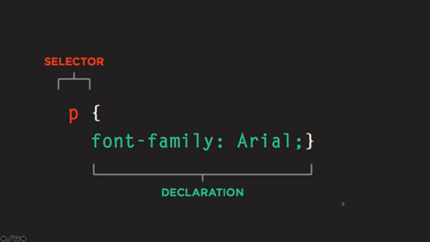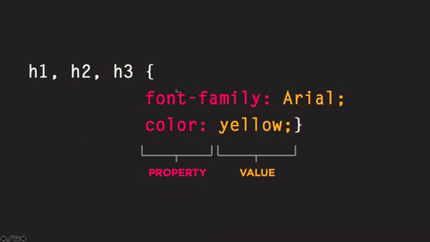We have our selector, then our declaration that says font-family Arial, with our property and our value. This is just basic terminology. Every time we want to start our rules, we say what we want our selector to be. Then we make the declaration and identify it by each property and each value.